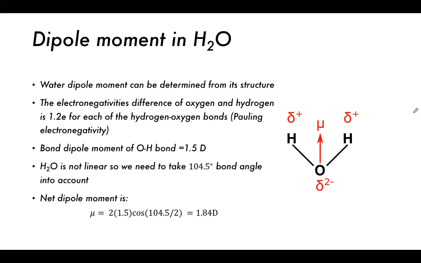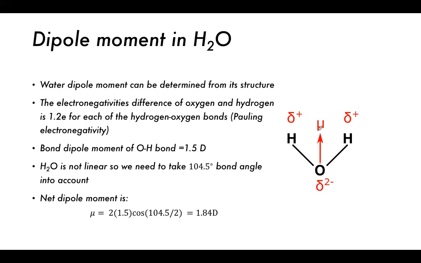So if the dipole moment of the OH bond is 1.5, then that's going to be multiplied by the angle that it makes with the dipole moment. So we know that the dipole moment points along this way here, 104.5 degrees for water. Then we are going to have to correct our dipole moment so that it is in line with this vector.